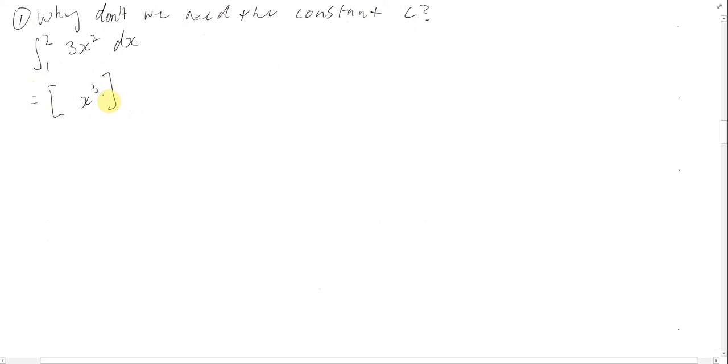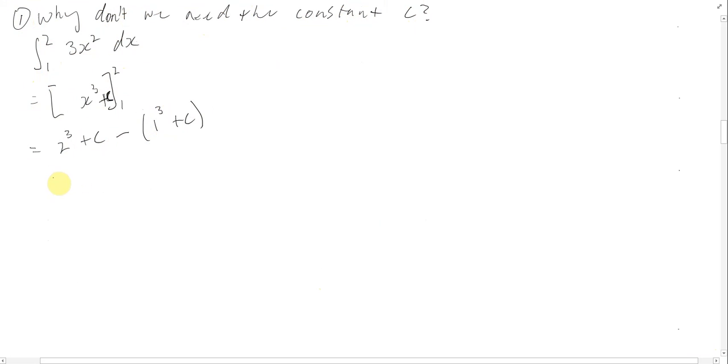Now I'll do a plus c, plus our constant, between 1 and 2. Now let's see what happens. When we put 2 in for x, we get 2 cubed plus c. Take away 1 in for x, 1 cubed plus c.